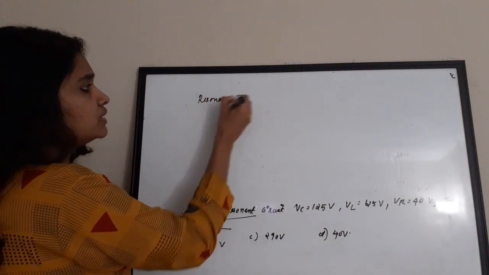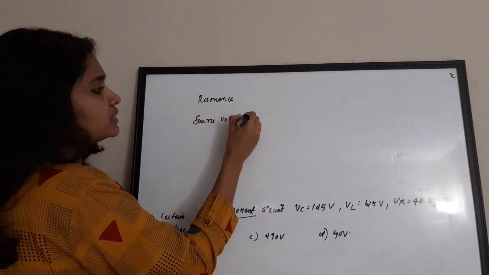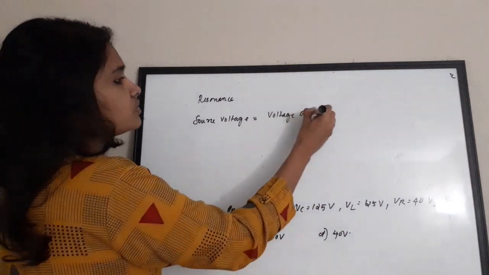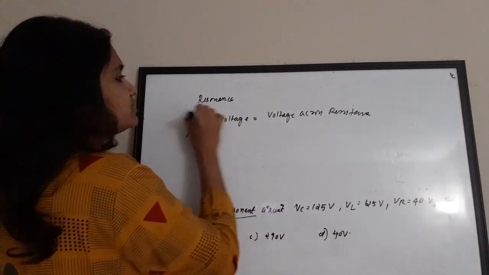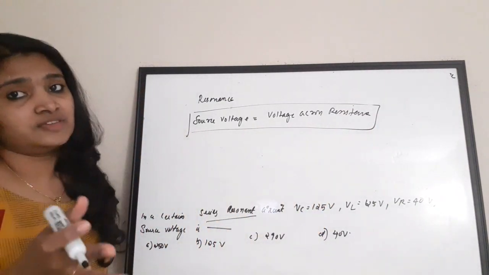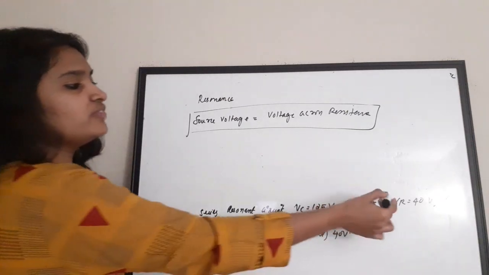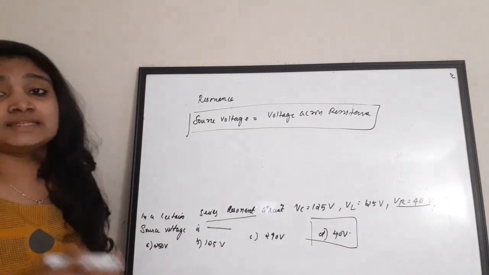Please note this down: source voltage is equal to voltage across resistance. Why is this? Because in resonance the current is only contributed by the resistive element and it is a peak current. So what is the answer? It is nothing but VR, which will be the source voltage. And the correct answer is option D.